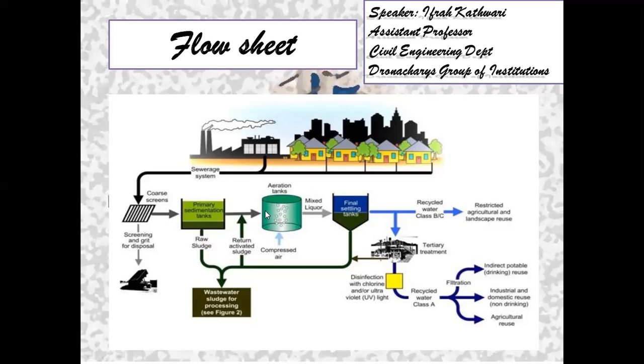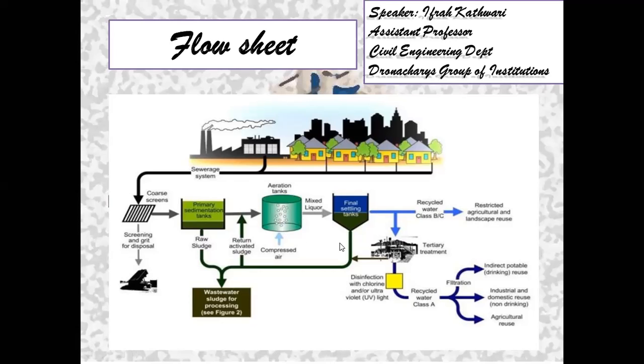In the aeration tank, some of the organic matter is also decomposed because fresh compressed air is supplied, and the microorganisms get the dissolved oxygen that is used for the decomposition of organic matter.